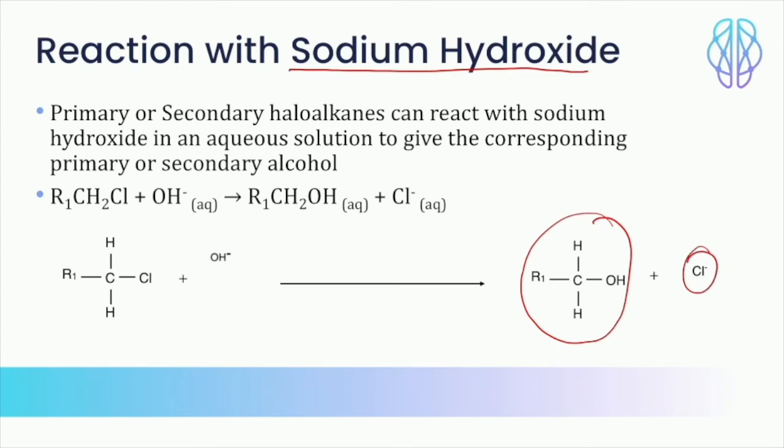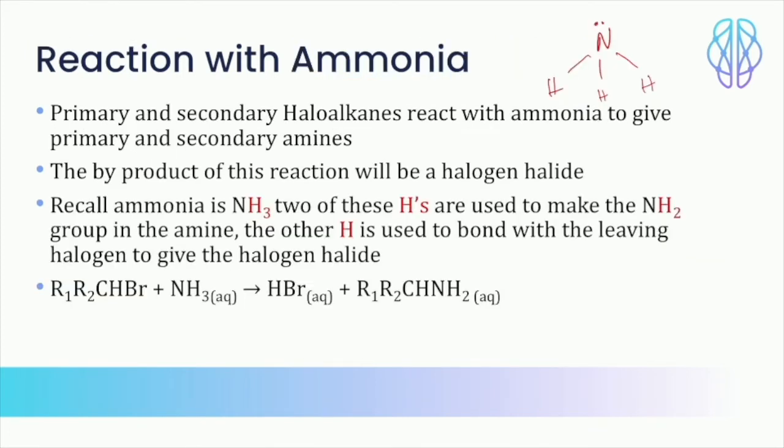That's the byproduct. Another substitution reaction that primary and secondary haloalkanes can undergo is one with ammonia. And that'll give you a primary or secondary amine. So recall that amines have the functional group NH2. Ammonia, you may recall, I've drawn the structure of ammonia in the top right hand corner here, is NH3.